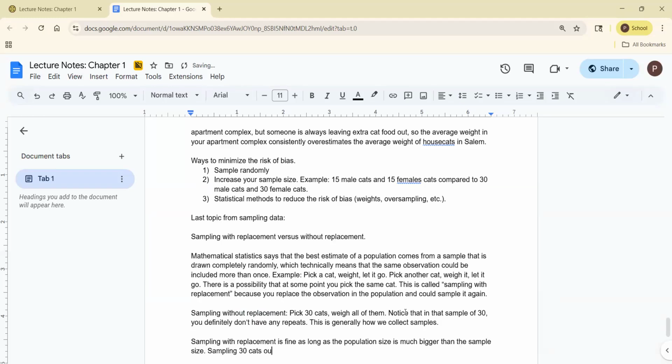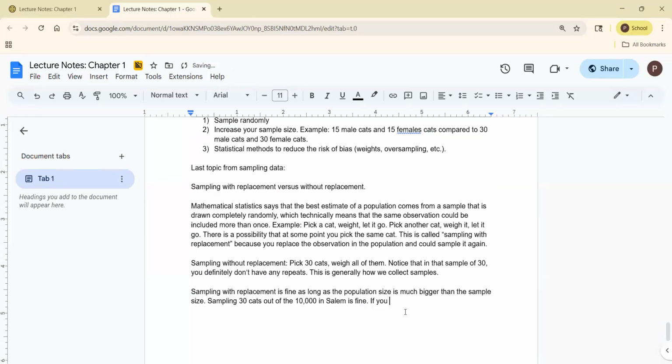Sampling 30 cats without replacement out of the 10,000 in Salem is fine.